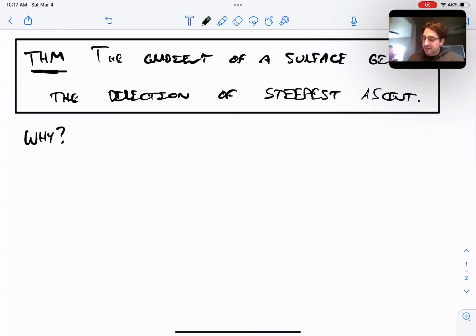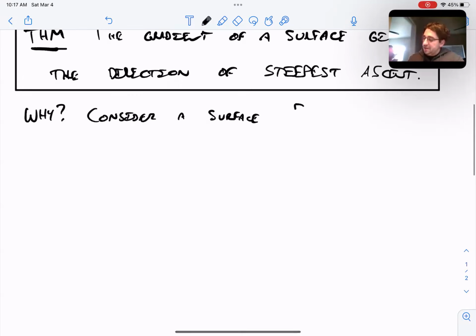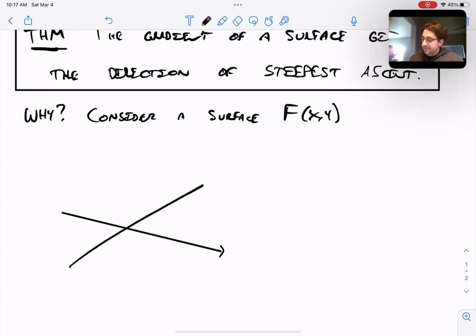What on earth is happening? Look at some generic surface and think about its graph. So here's x, y, and z.